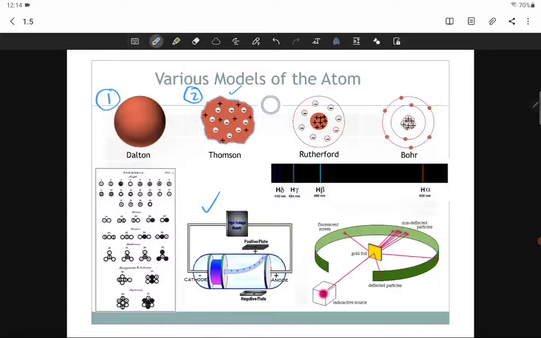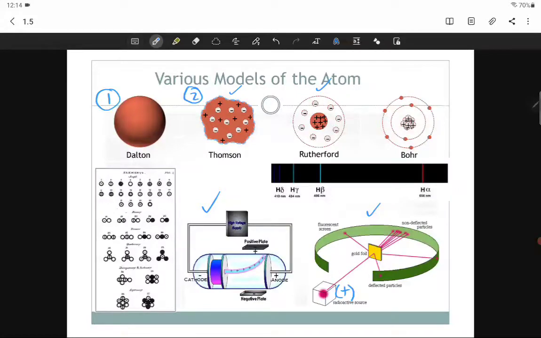And then his student Rutherford came along and tried to do some further experimentation to support Thomson's model, but when he did the gold foil experiment, and he shot a radioactive source, it says here, but it is alpha particles. They are positively charged particles.